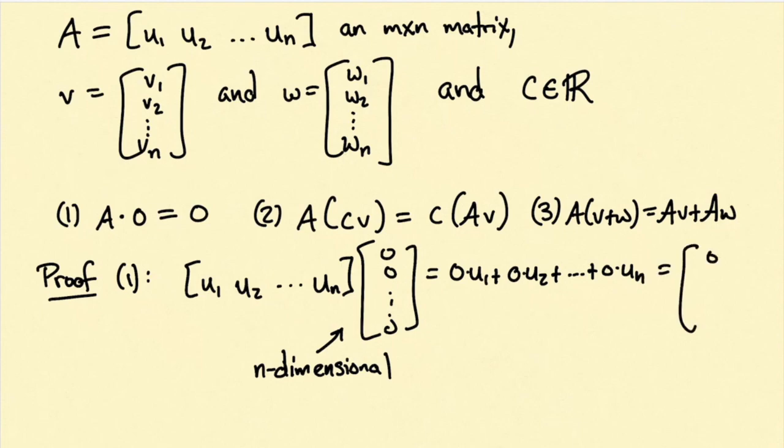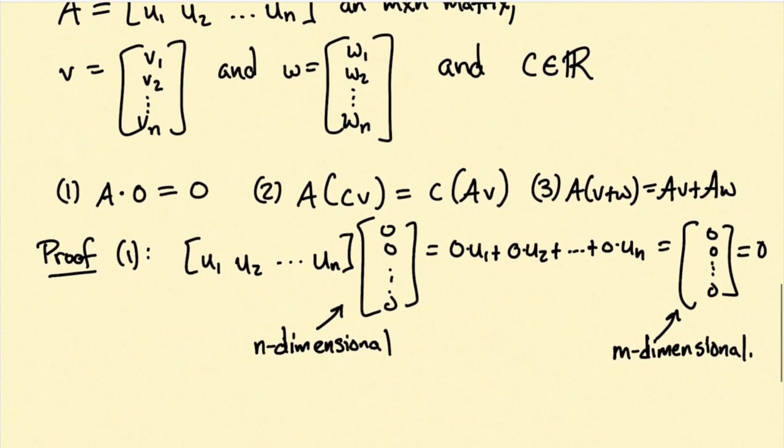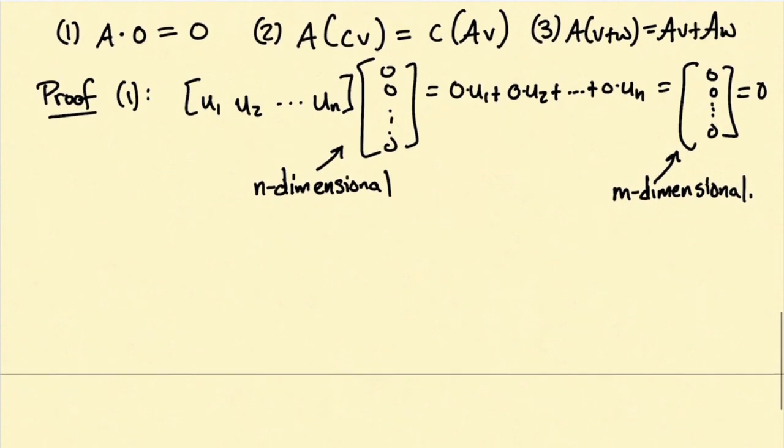Scaling each one of these vectors by 0 gives us the zero vector. That is, each m-dimensional vector has 0 in each of its m entries. When we add those all together, we just get a bunch of zeros. So we get the zero vector not in n dimensions, but in m dimensions.